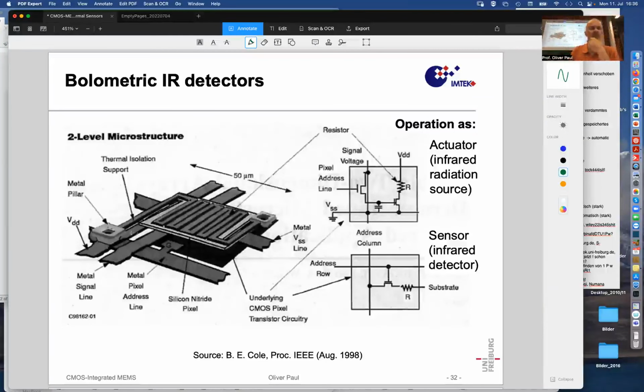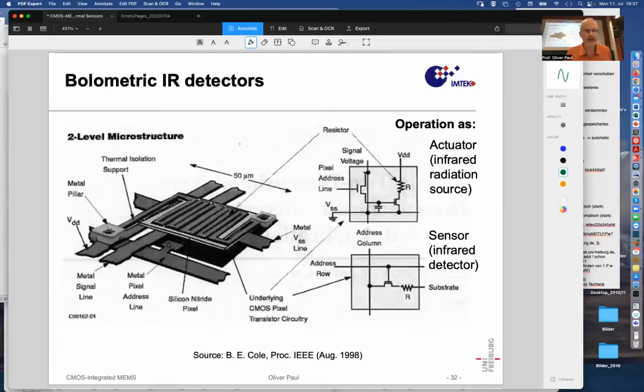And those pixels now look different. They are absorption structures like this little suspended plate, which is suspended on two legs. So here's an anchor, here's another anchor, and then there is a little arm that leads to this slightly elevated absorption pixel. And here is the other arm that leads down again to the second anchor.